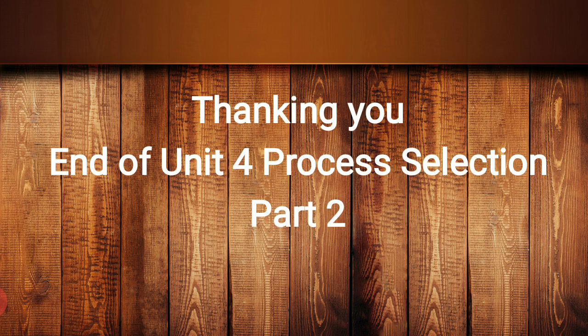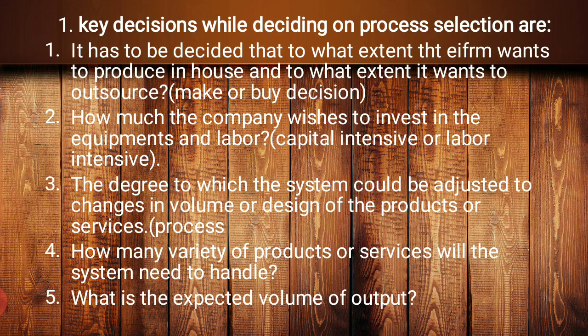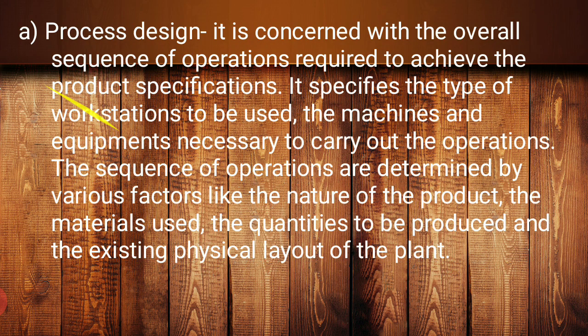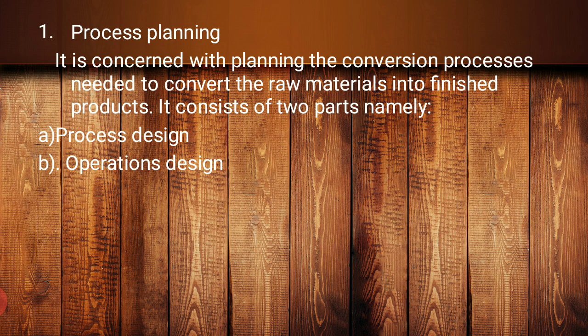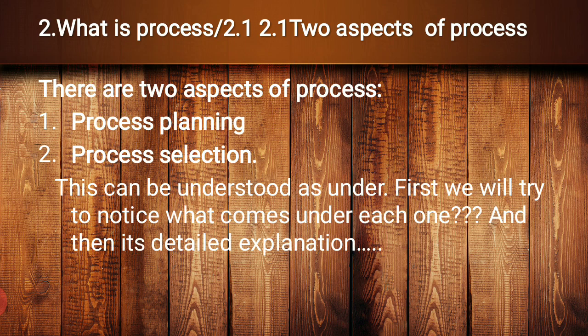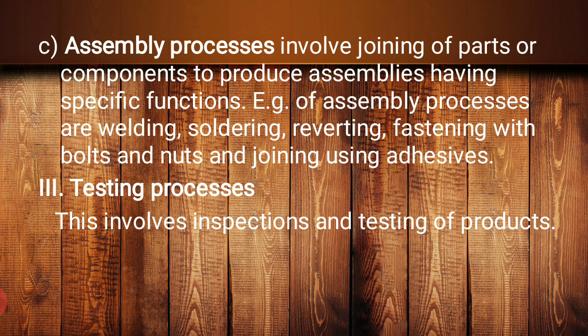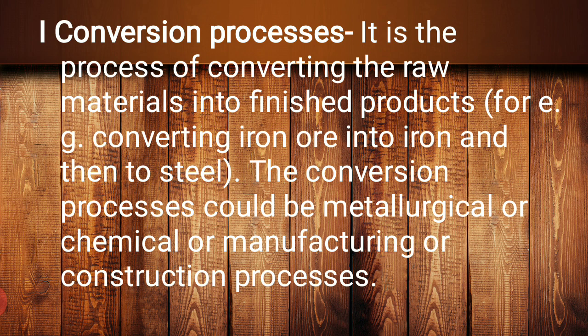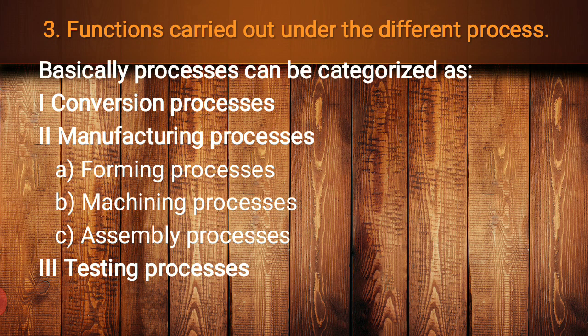So in today's lecture, we have seen the key decisional areas of the process selection. We have seen the two aspects, that is process planning and process selection. We have already seen the types of processes, that basically there are three types: number one, conversion process, number two, manufacturing process, and number three, testing process.